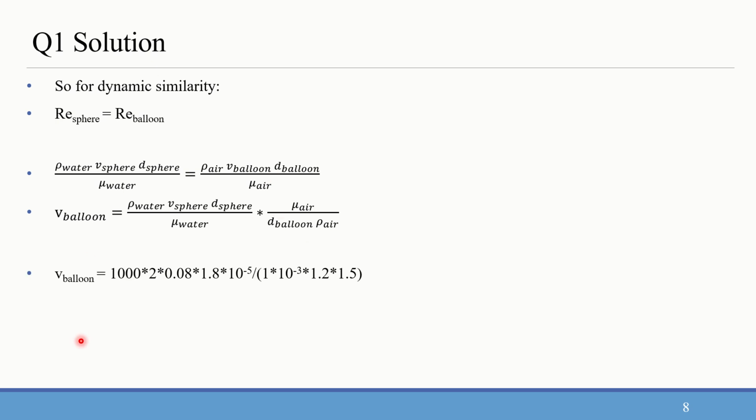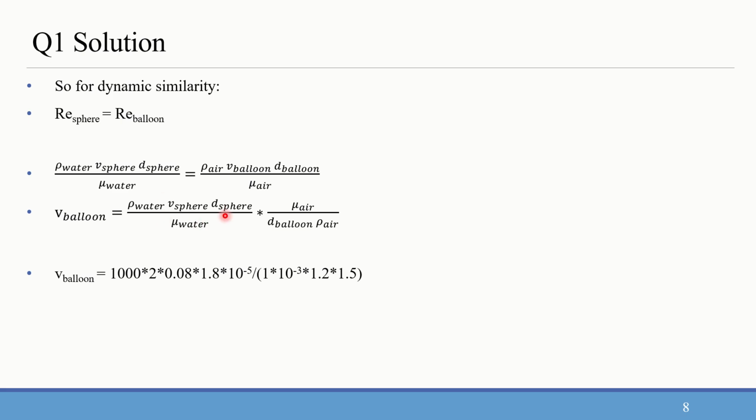So now v balloon is equal to density of water, which is 1000 because it is given at 20 degrees Celsius, and the velocity of the sphere is 2 meter per second, and the sphere diameter is 8 centimeters, so it is 0.08 meter, into the viscosity of air. The viscosity of air is 1.8 into 10 power minus 5 kg per meter second. So here we are substituting that value.